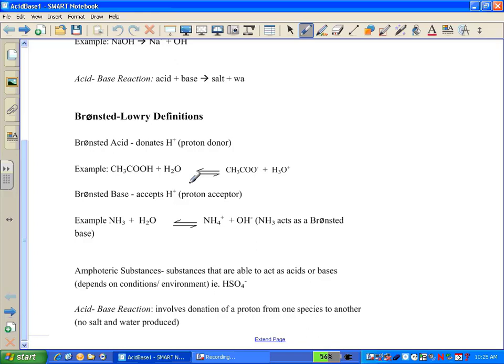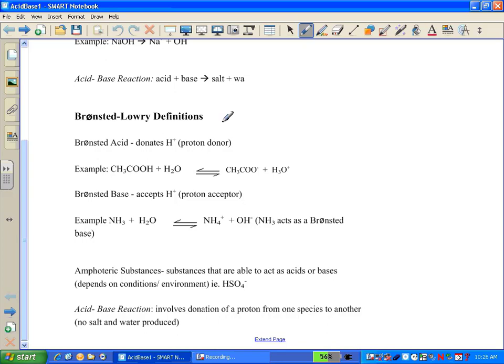The Bronsted-Lowry definition of an acid and base is a bit broader, and it covers some of the flaws in the Arrhenius definition. One of the flaws is that H+ ions don't actually exist on their own in water. They exist as H3O+.